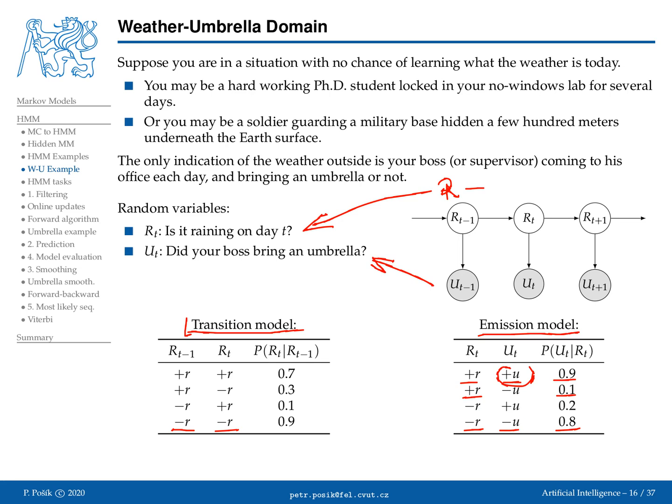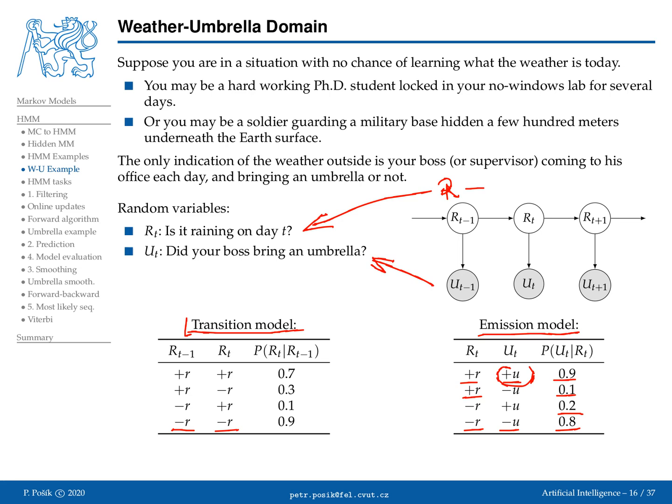But maybe he is more cautious and says, okay, what if? So maybe in 20% of cases he will bring an umbrella even if there is no rain outside. That's the meaning of these transition and emission models. Together, these things specify one particular hidden Markov model that describes this weather umbrella domain.